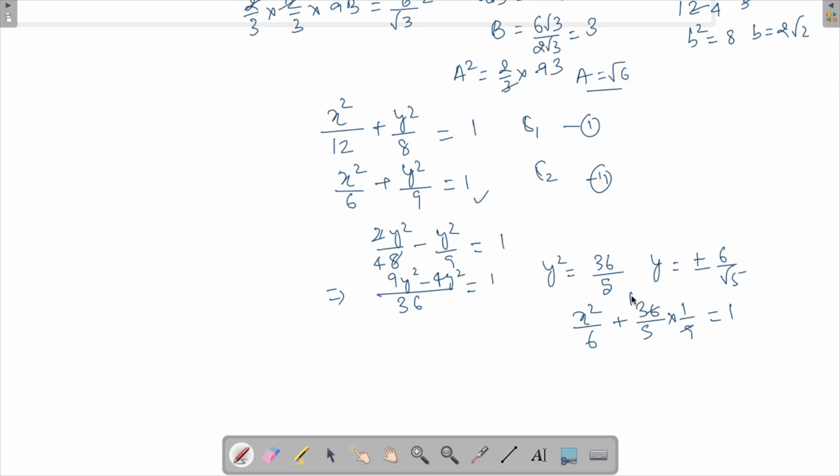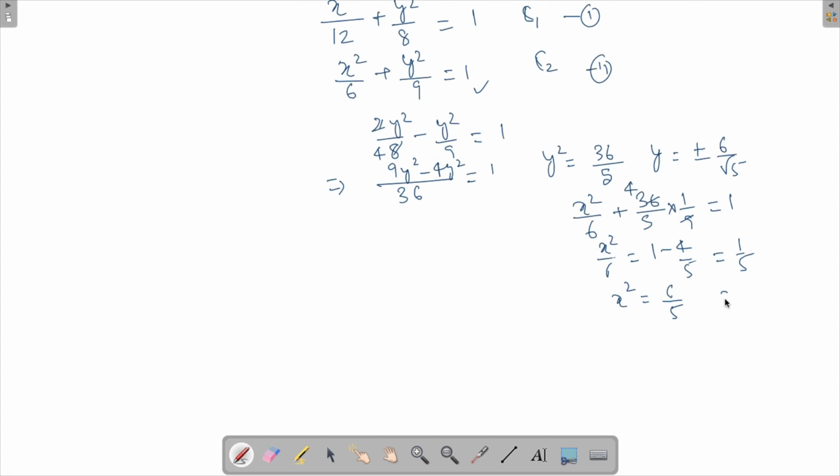So 9 4s are 36. So x square by 6 is 1 minus 4 by 5, which is 1 by 5. So x square is 6 by 5. So from here, what I get is x is plus minus root 6 upon root 5.